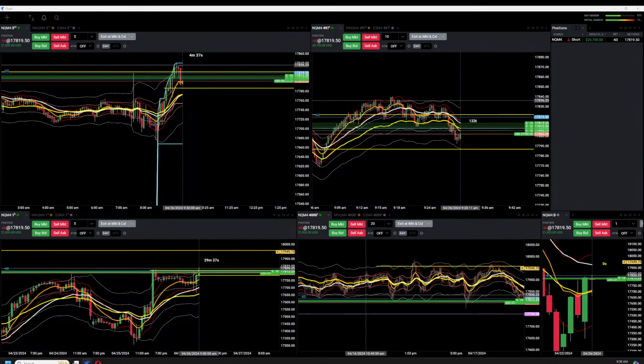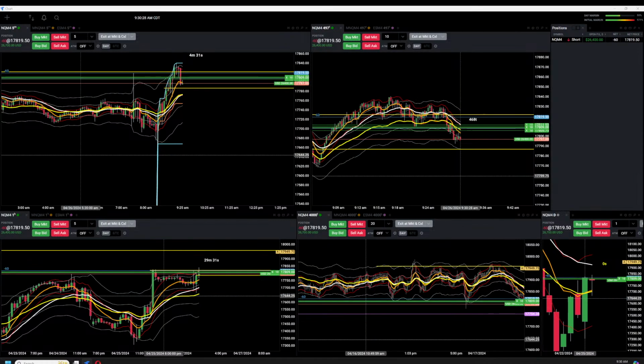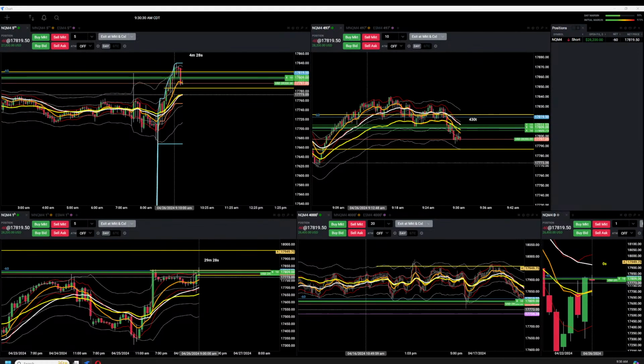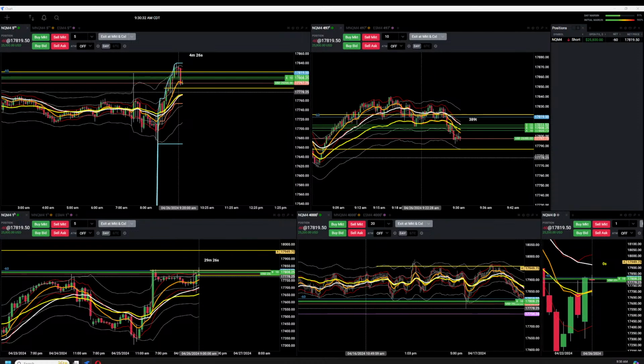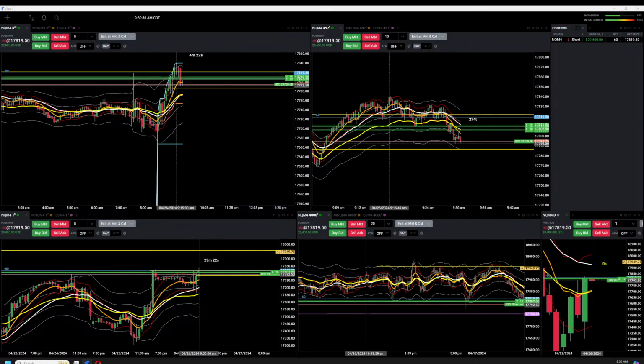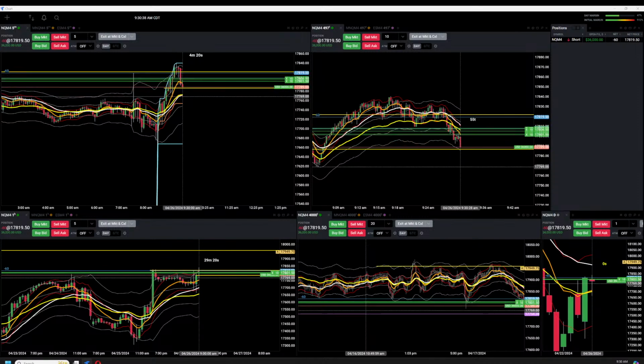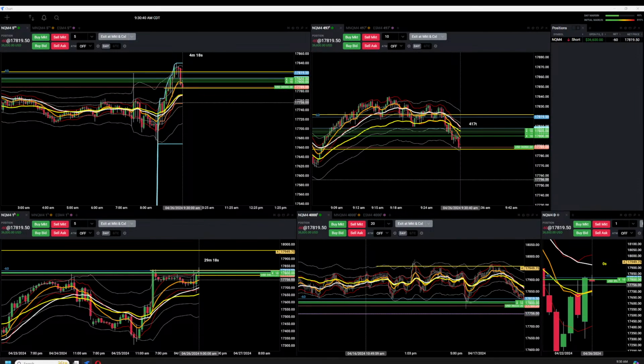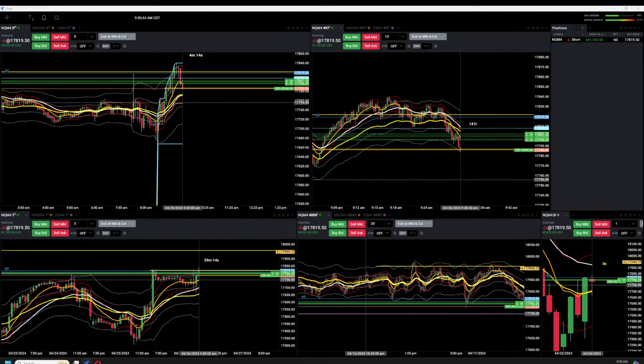It's a reaction at the fast momentum there. Have to consider also the midpoint as well as the OR mid at 756.